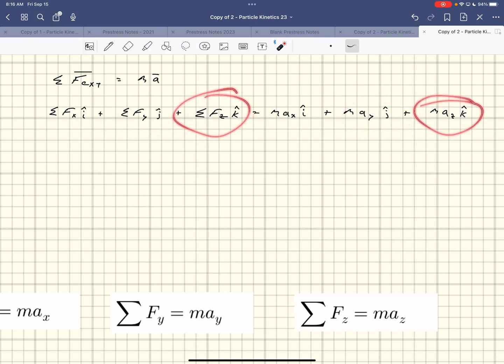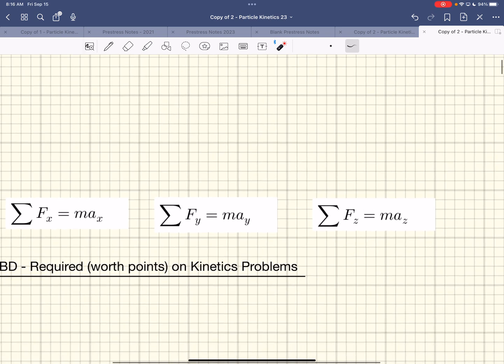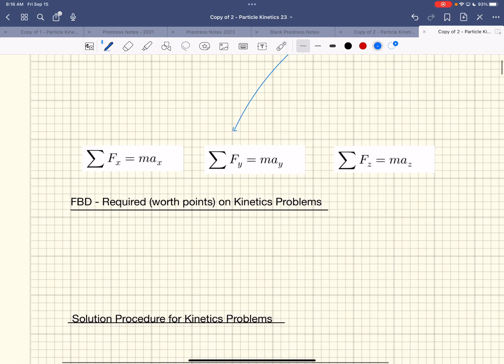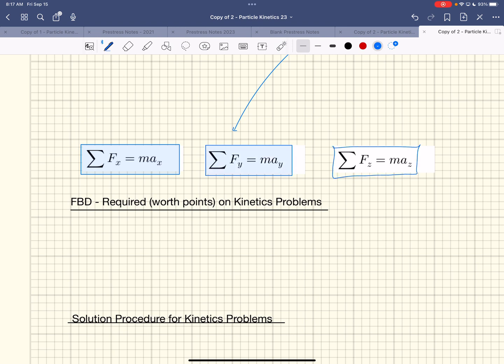And so what you end up with is just three equations. Okay. The sum of the forces in x is mass times acceleration in x, the sum of the forces in y is mass times acceleration in y, and the sum of the forces in z is mass times acceleration in z.